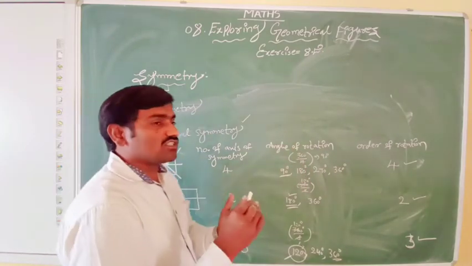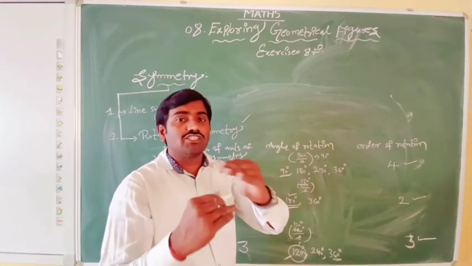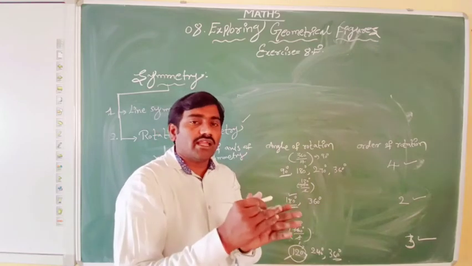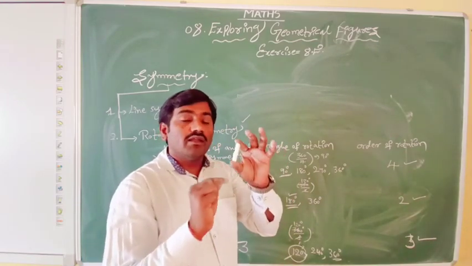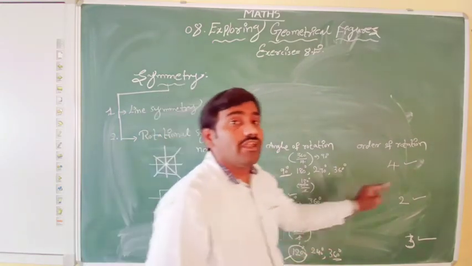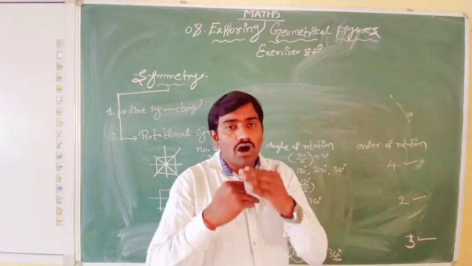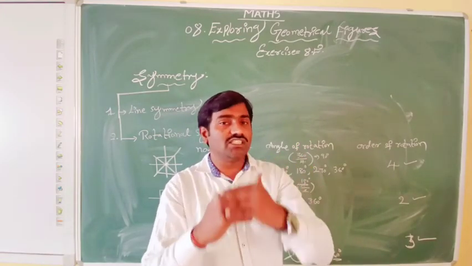Angle of rotation means the angle at which the object looks the same as it did at the start. Then that angle is known as the angle of rotation. Order of rotation means how many times it looks the same as before while rotating through 360 degrees.